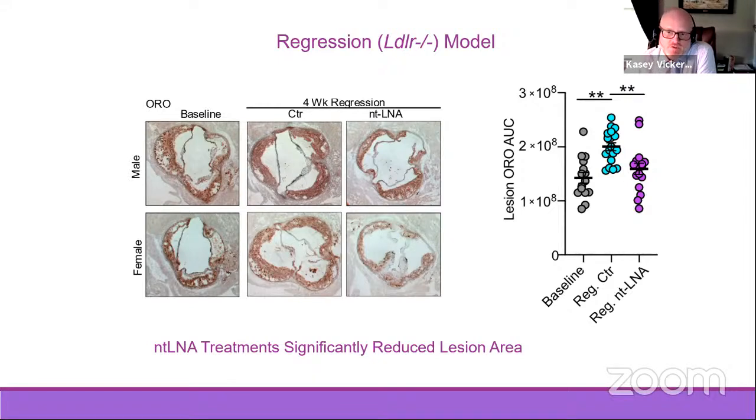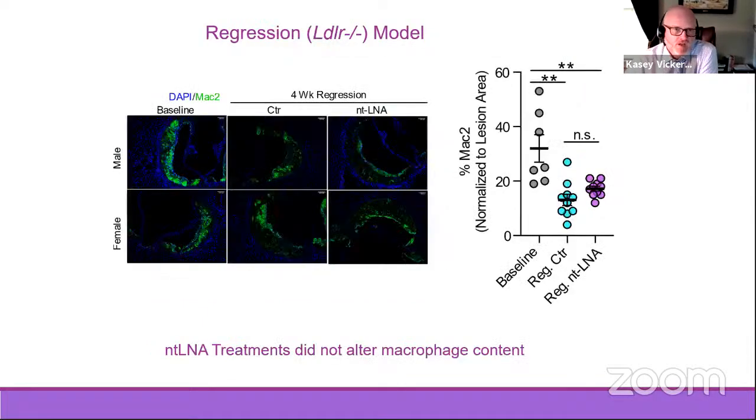It did not reduce the lesion content compared to baseline when we did the diet switch, but the saline mice continued to develop athero, where the LNA mice did not, as far as Oil Red O staining in lesion area. But again, we failed to see changes in macrophage content, even though the Oil Red O was changing in this model.